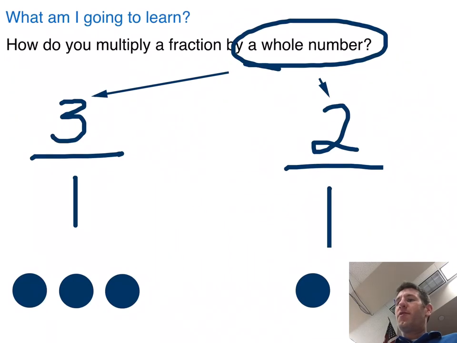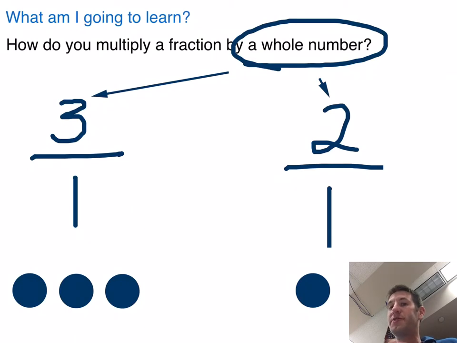There's one thing I want you to pay attention to. What you're going to see is a whole number, and we can actually write a whole number as a fraction. As you see, I have 3 wholes right here. If I have 3 wholes, I can write the whole number 3 as 3 over 1, because you still see that I have 3 wholes, and they're not divided into any fractional parts.